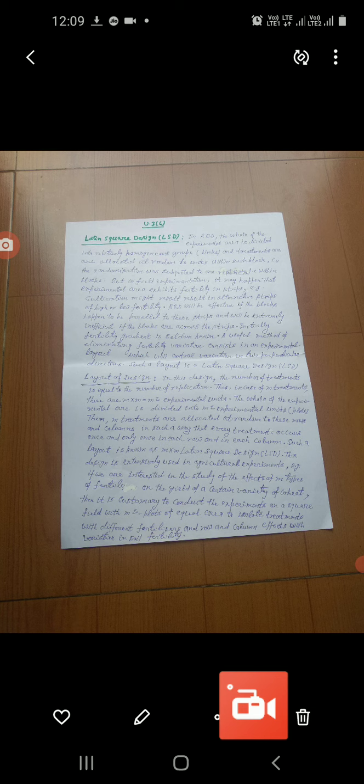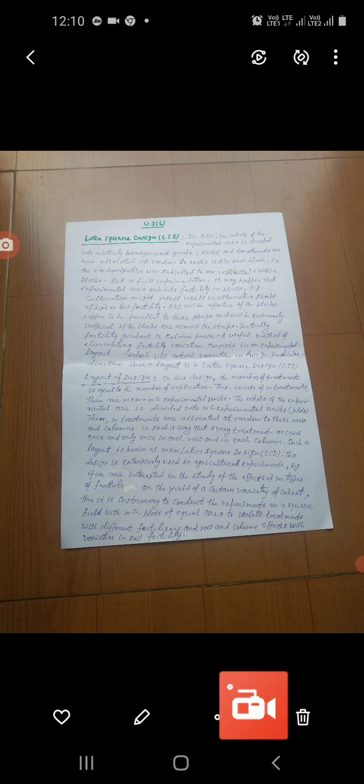It means that the randomization was subjected to one restriction, that is, within blocks. The random allocation of the treatments will be done within blocks.